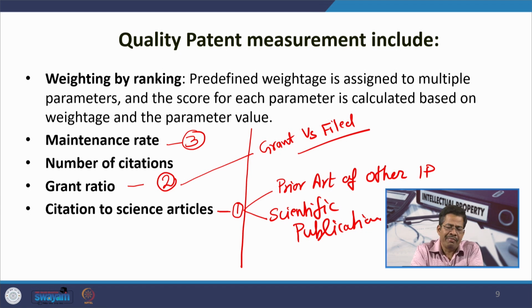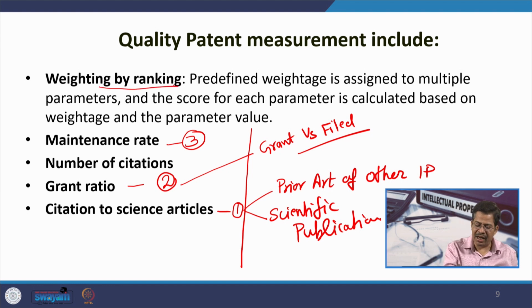So, out of 1000 we got the grant of 500, but out of 500 I am maintaining only 250 IPs, because the remaining 250, I feel, may not give any kind of value to me. There is no potential of any kind of revenue from the remaining 250. So, that is the maintenance rate, that 50% are maintained out of the granted, or whatever it may be. So, that is also a criteria. The higher the maintenance rate, it means you have a more valuable or higher quality IP portfolio.